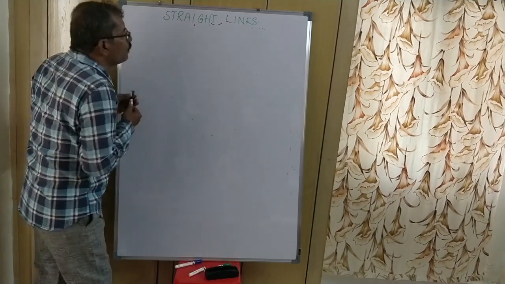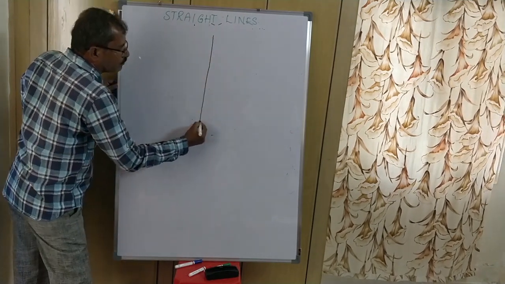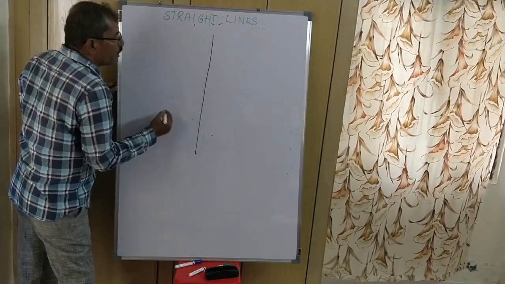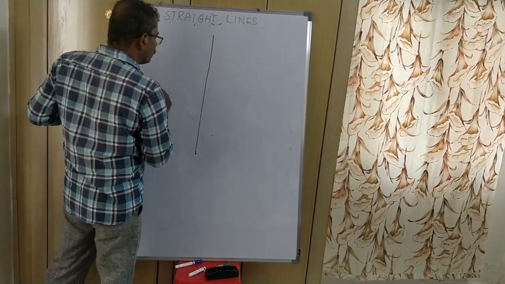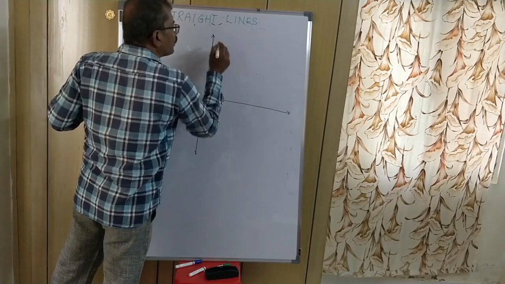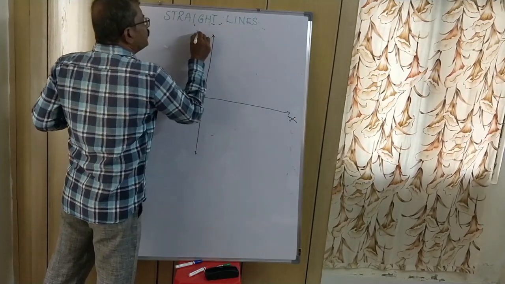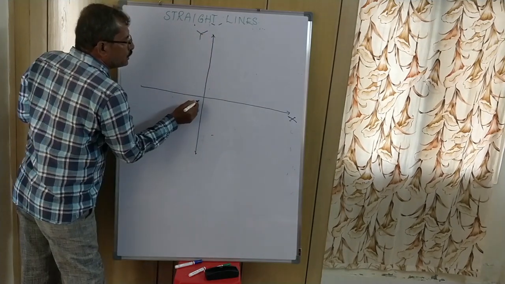See here, this one is the vertical line and this is the horizontal line. This denotes the x-axis and this denotes the y-axis. This is the origin.